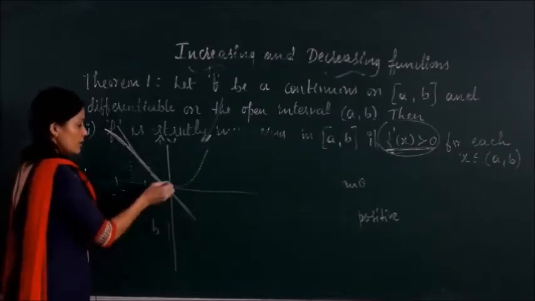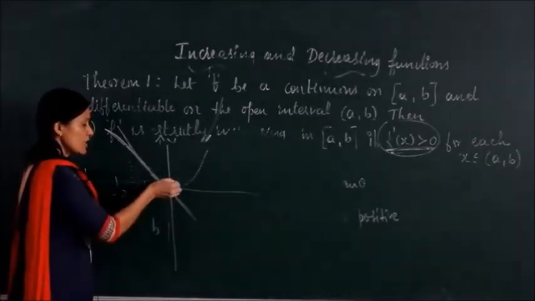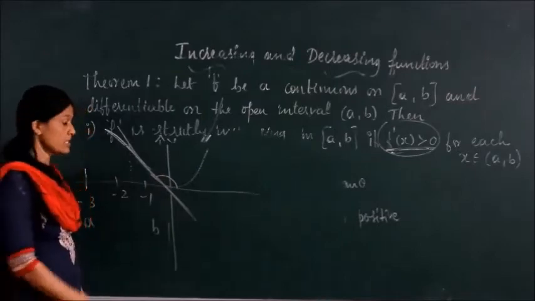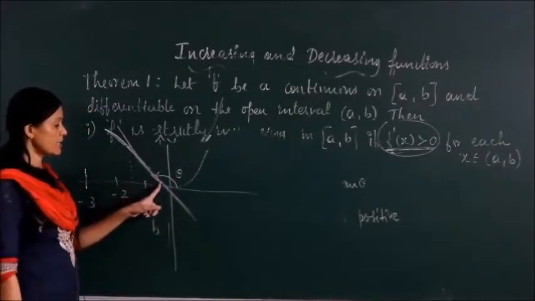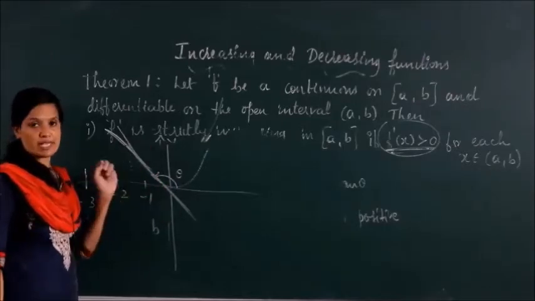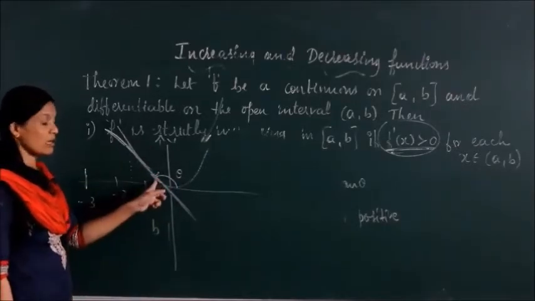So look at the inclination here. So this is the inclination. Inclination is always, this is theta, the angle made by the line in the positive direction of x-axis. That is inclination. So this is theta.